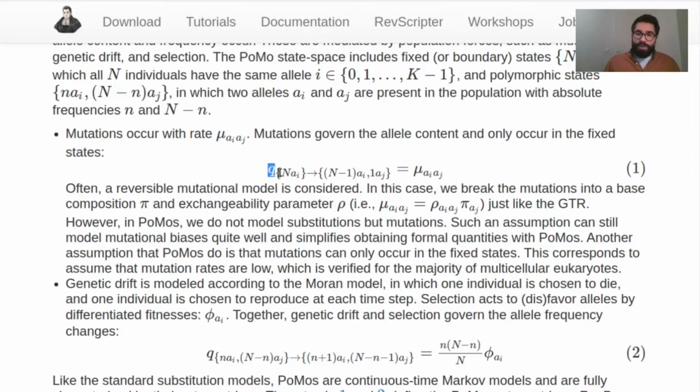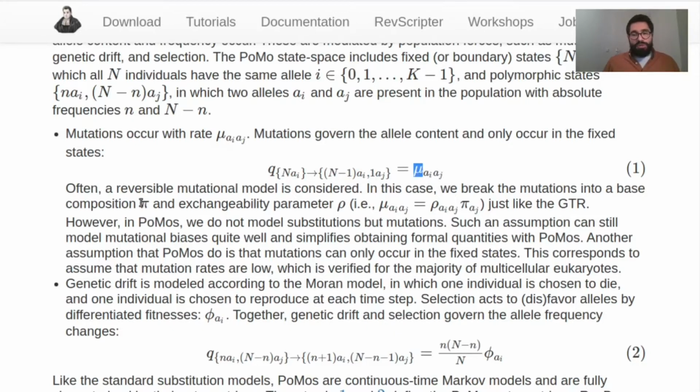And we have a monomorphic state here, meaning a fixed state in which all the N individuals in the population have the AI allele, and after some time I'm reaching the state where one individual has the AJ allele. And we know that this process can only have occurred by mutation, so I'm introducing a new variant in the population. So again, I describe this using the parameter mu from the allele AI to the allele AJ.